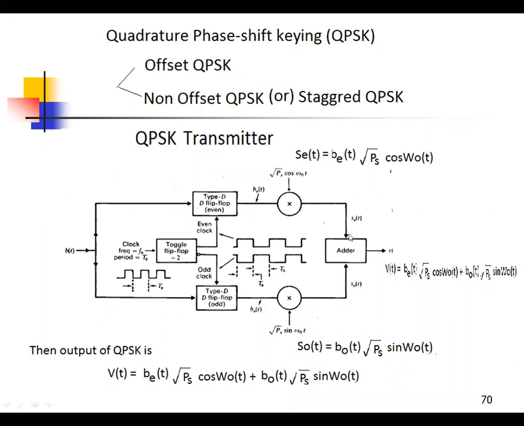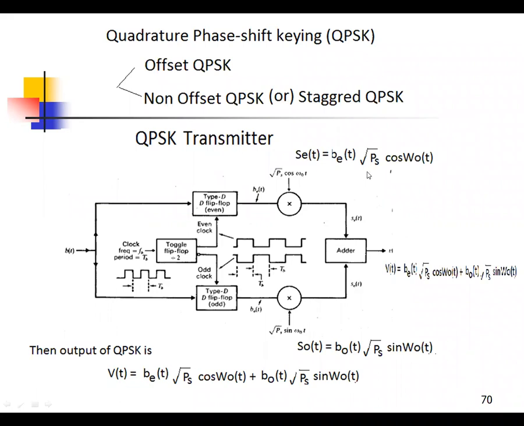That is given to the adder. Now s_e(t) is the output of one side, where b_e(t) is multiplied with the carrier, cos omega naught t, whose magnitude is root Ps. This signal in isolation is known as one BPSK.